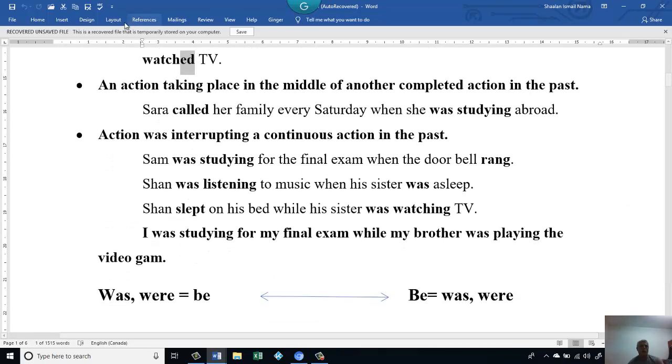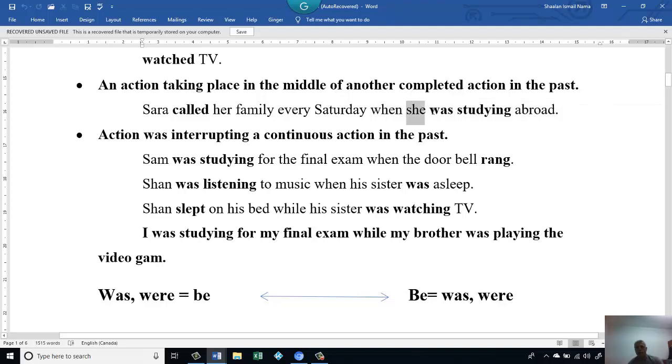Or we could use it like this, an action taking place in the middle of another completed action in the past. For example, Sarah called her family every Saturday when she was studying abroad. Here we have two actions.